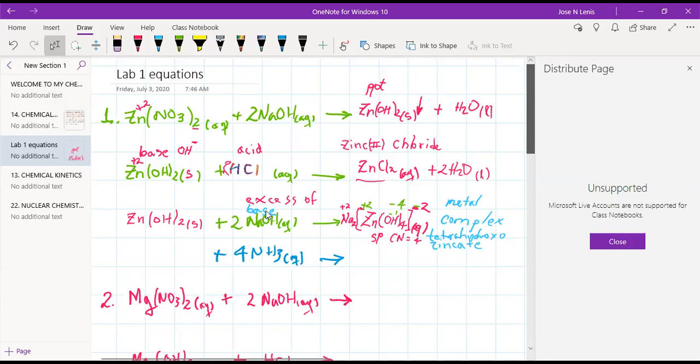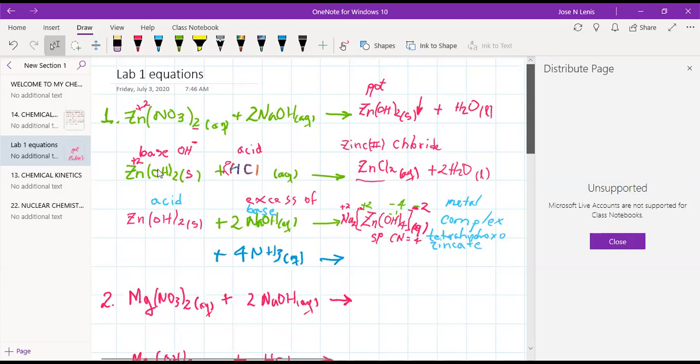So yes, we add a base to this hydroxide. If you add a base to a hydroxide and that actually forms a reaction, that means this is reacting, working now as an acid in an acid-base reaction. So the hydroxide acts as an acid when you add an excess of base.